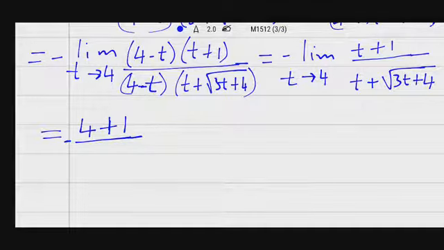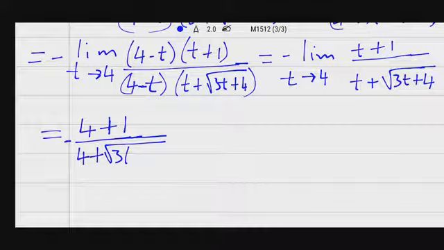So you have 4 plus the square root of 3 times 4 plus 4. So we have plugged in 4 for t. And once we substitute, remember, leave out the limit because now you have used the limit.